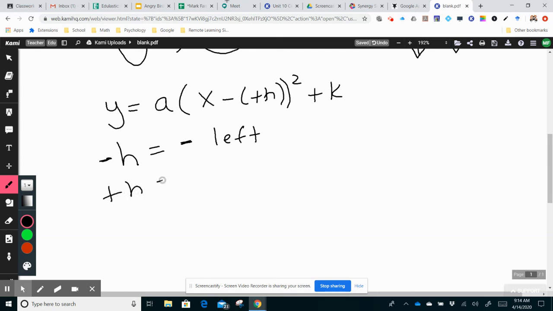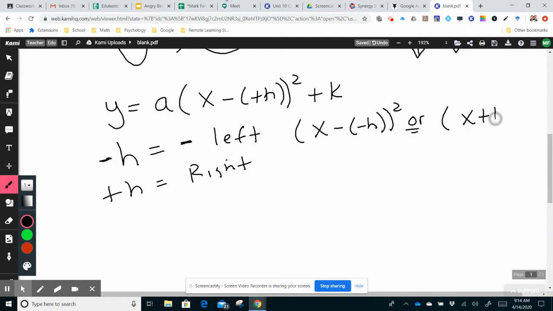A positive h means it's moving right. So in this case, we would have x minus negative h squared, or it's going to be written like this, x plus h squared. So it's kind of the opposite.